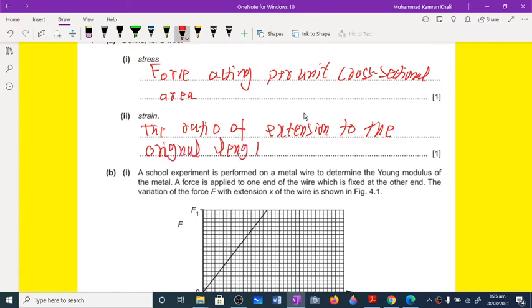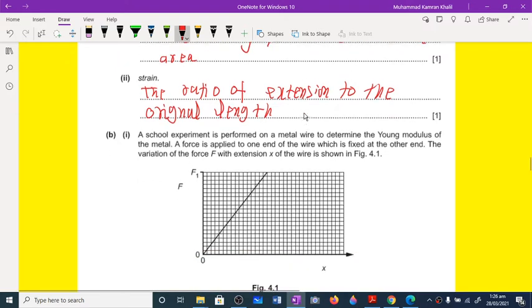If you do not use the term original, and write only the ratio of the extension to the length, then I am afraid you will not get the marks. You can check the examiner report as well. The examiner has clearly mentioned that to get the credit for strain, you have to write down the original length as well.